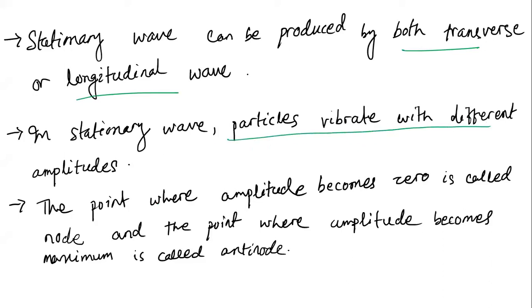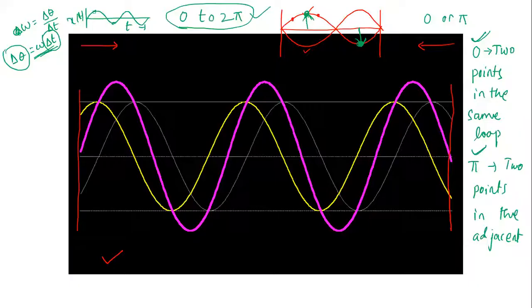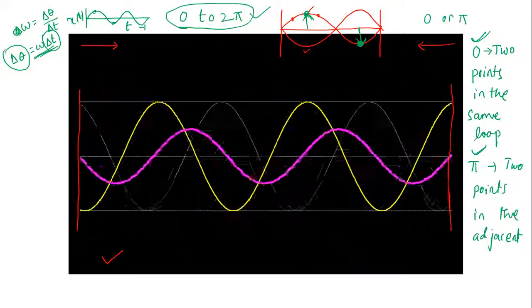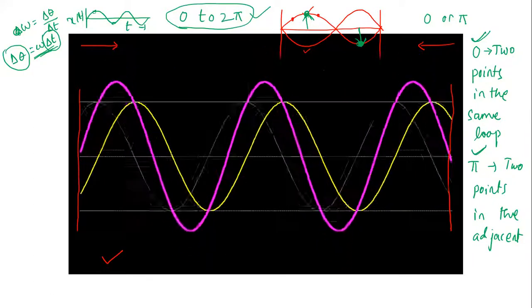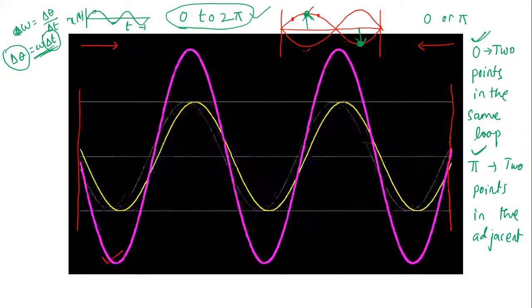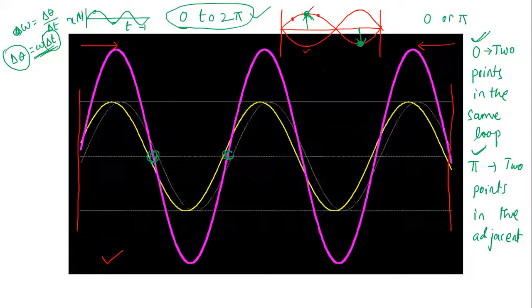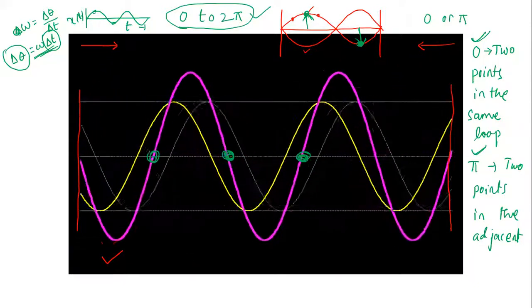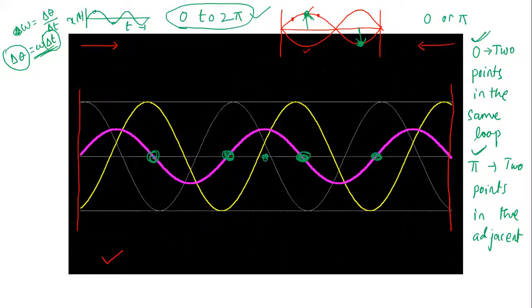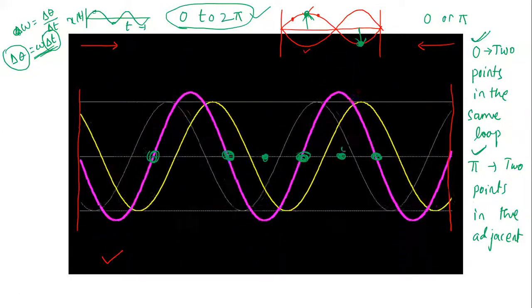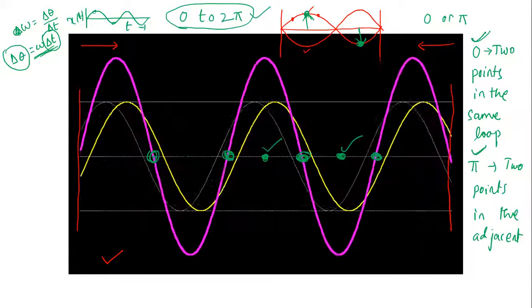In a stationary wave, particles vibrate with different amplitude, which we saw here. At one point the amplitude of vibration is maximum, while at certain points like these there is no vibration at all. The particle here has no vibration, whereas the particles here have maximum amplitude of oscillation.